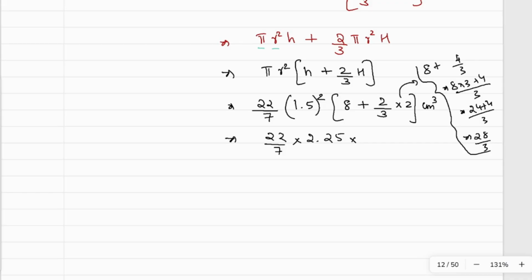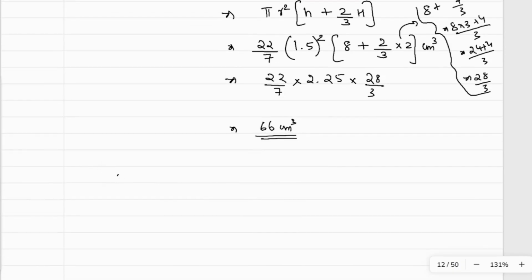So this is equal to 28 by 3. Clear? So this is equal to 66 centimeter cube.